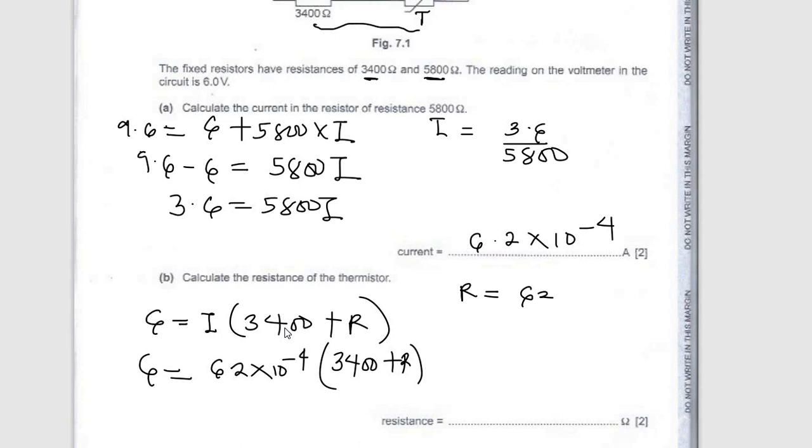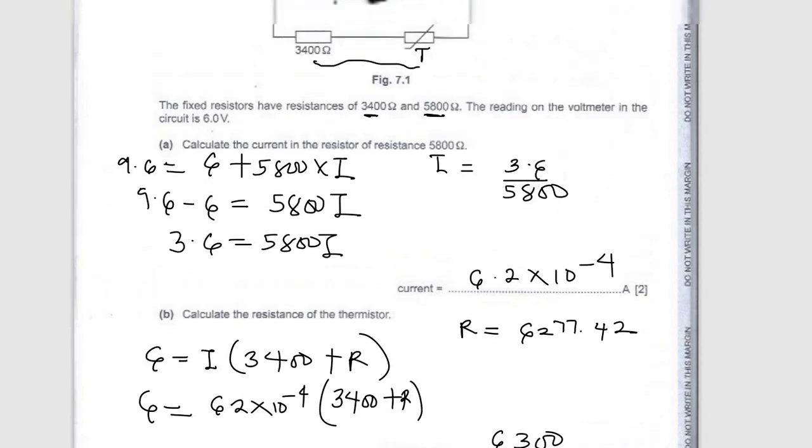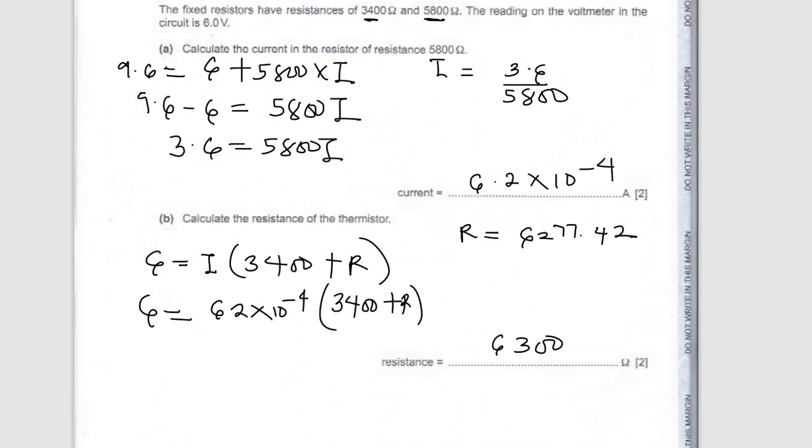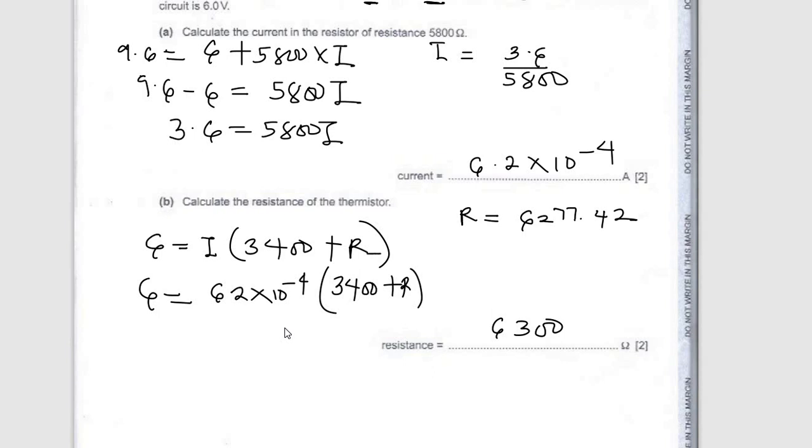R should be 6,277.42, approximately 6,300 ohms. That is our R. Oh, I labelled it T in this question. Okay, let me leave it as R, the resistance of the thermistor. Let me leave it as RT, the resistance of the thermistor. Okay.